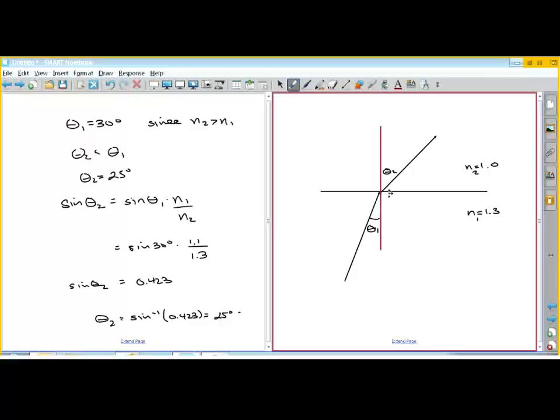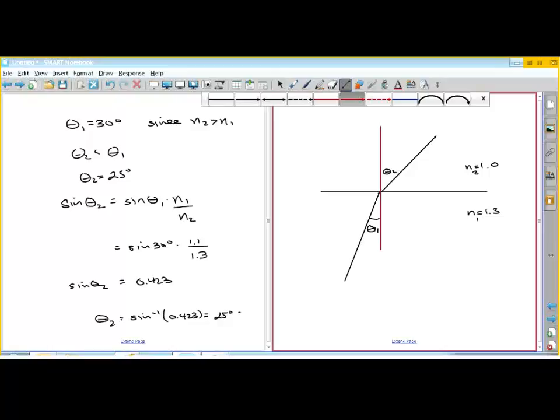Okay, now one thing we'll talk about later, but if you have this situation where you're going from a high index of refraction to a lower index of refraction, this thing's going to bend, and at some point you actually will have the, let's just show you what happens.